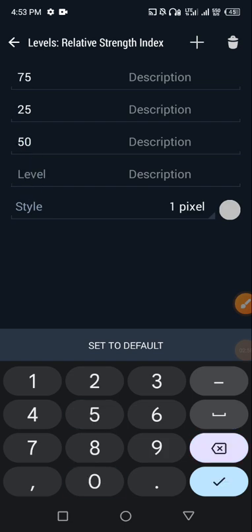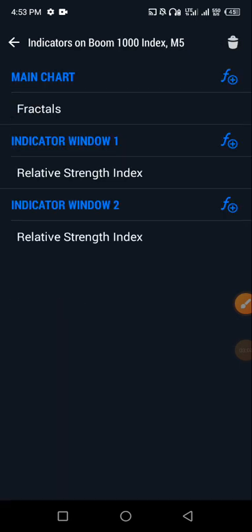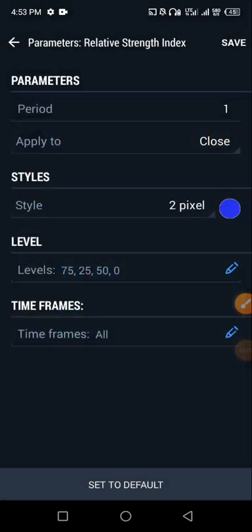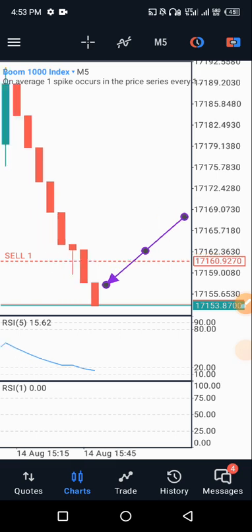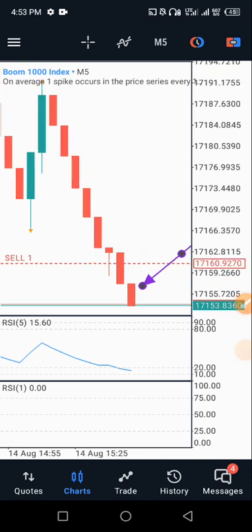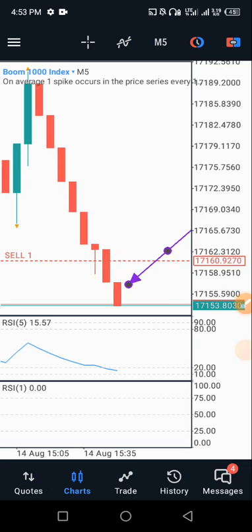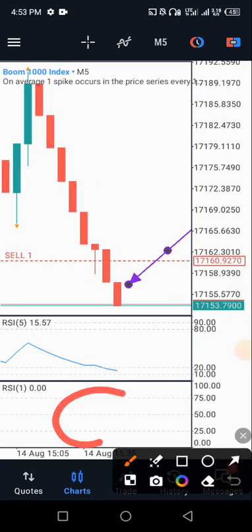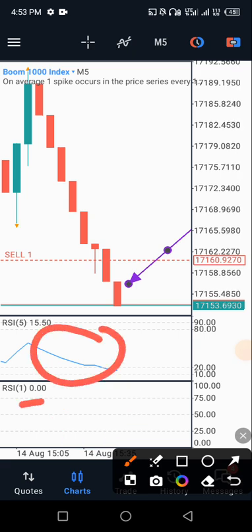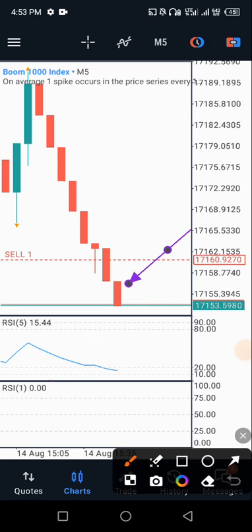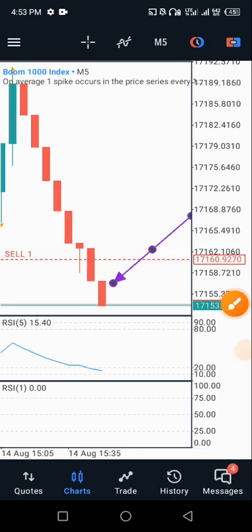Okay, so we can click on save here. The indicator is not going to actually show here because we are not going to use it here. Just this particular one, and that's why we set it to 1. That's why the blue indicator is not showing. So that's how you are going to have it on your chart.